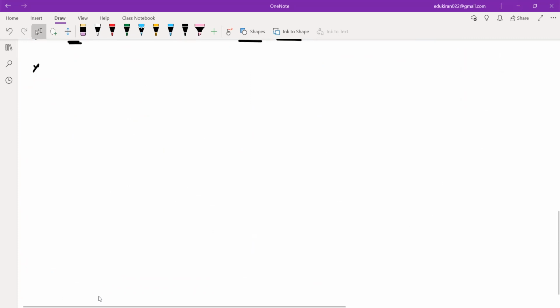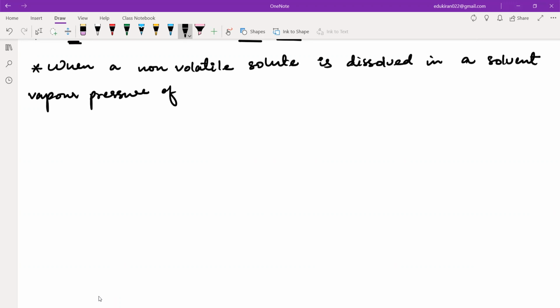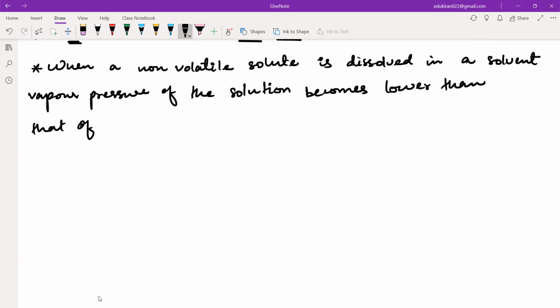Now, so first thing, when a non-volatile solute is dissolved in a solvent, vapor pressure of the solution becomes lower than that of pure solvent, which is known as relative lowering of vapor pressure.